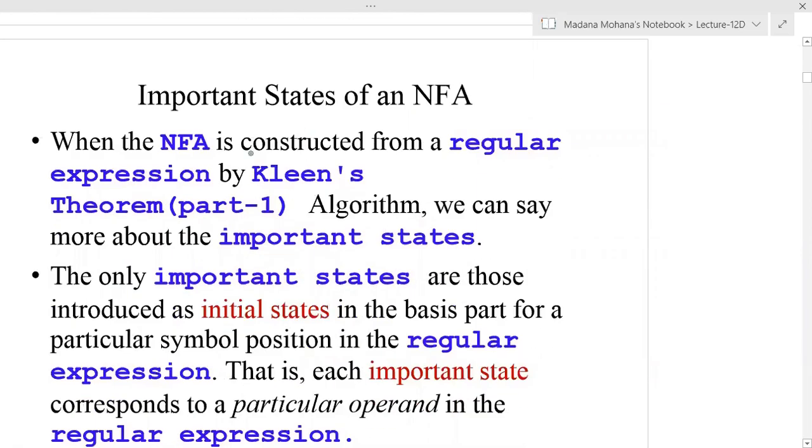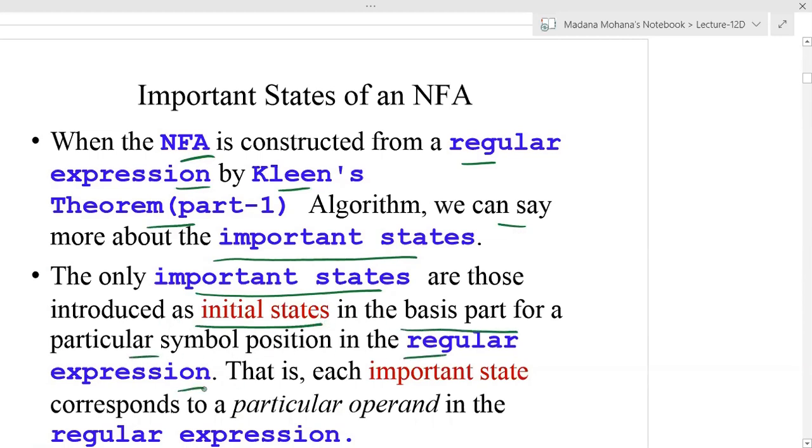When the NFA is constructed from a regular expression by Kleene's theorem part 1, we can say more about the important states. The only important states are those introduced as initial states in the basis part for a particular symbol position in the regular expression. The initial state is one of the important states.